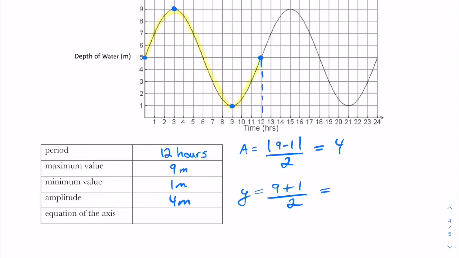So that's 10 over 2, which is 5. And just to make it clear, we'll sketch the equation of the axis on the graph. And the distance from the dotted line to the maximum is your amplitude. And if you just count the units, 1, 2, 3, 4, it's 4 meters, which is consistent with what we've calculated.